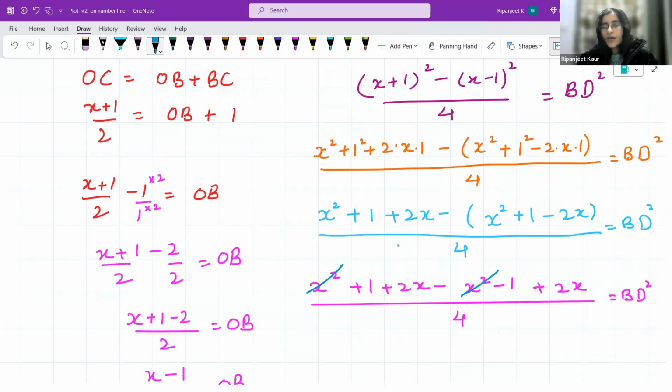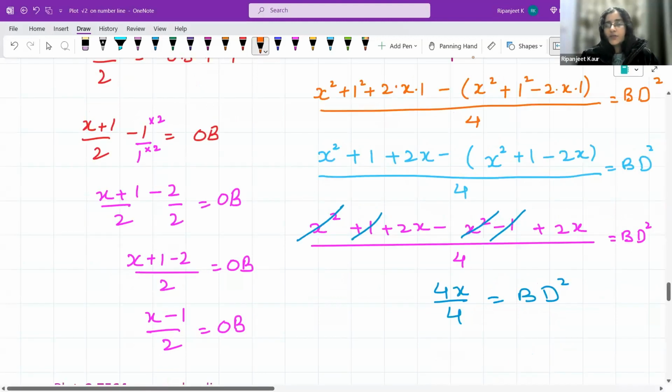So x squared, plus 1 minus 1. Above it remains 2x plus 2x, which is 4x over 4 equals BD squared. Right? And again, here 4 and 4 can be cancelled. So x equals BD squared.